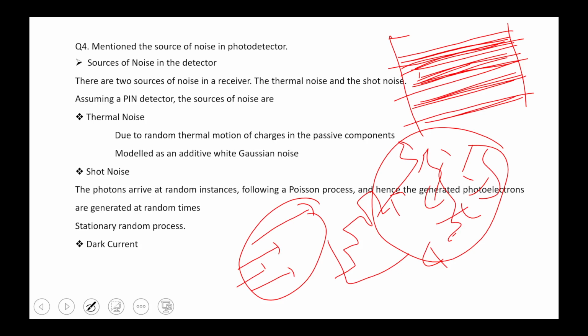What is the dark current? Dark current noise. So dark current, as already said: suppose some photodetector is there, and I have focused 365 nanometer light.